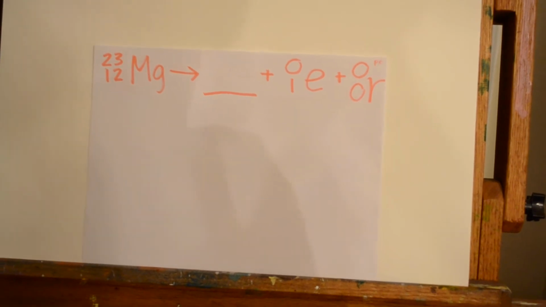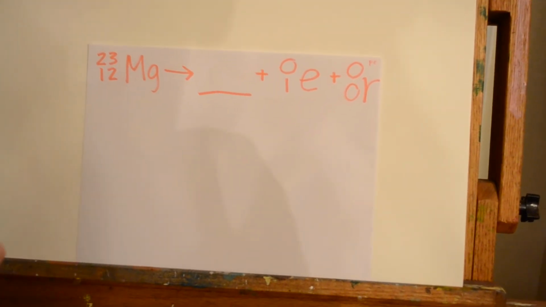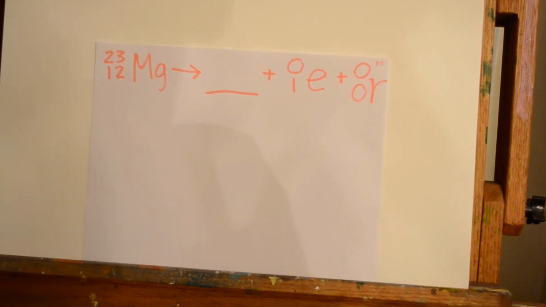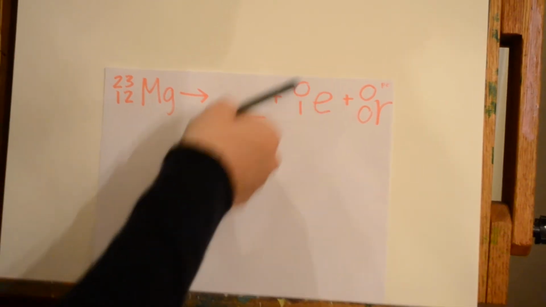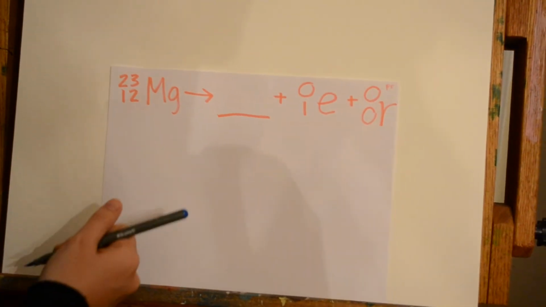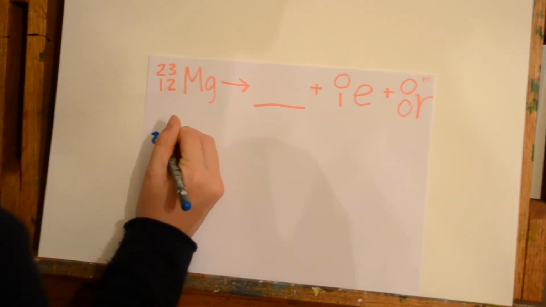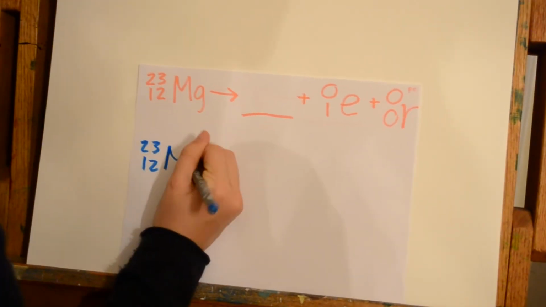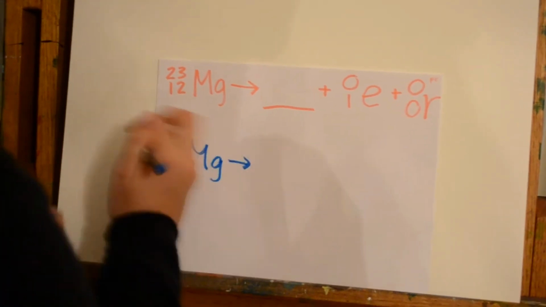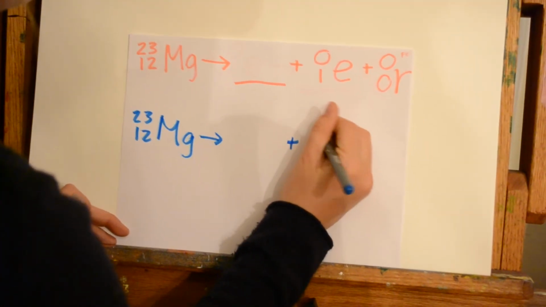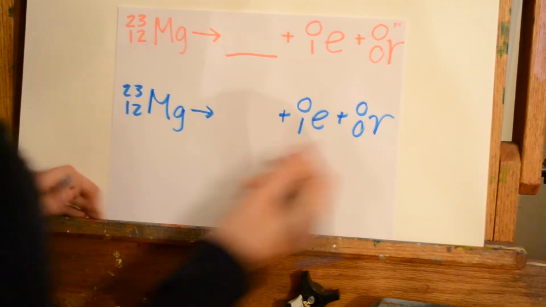Okay, this is called positron emission, and this is the one where it's the electron. It's basically just like we did before. It's magnesium-23 yields whatever that is, plus a positron plus a gamma ray.